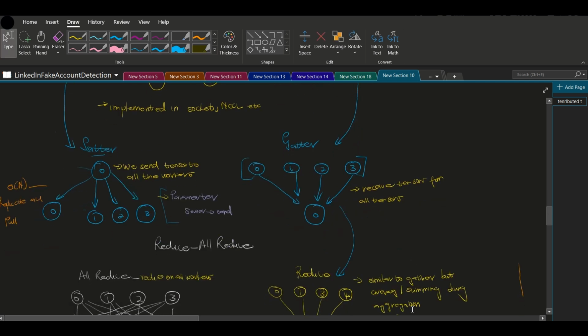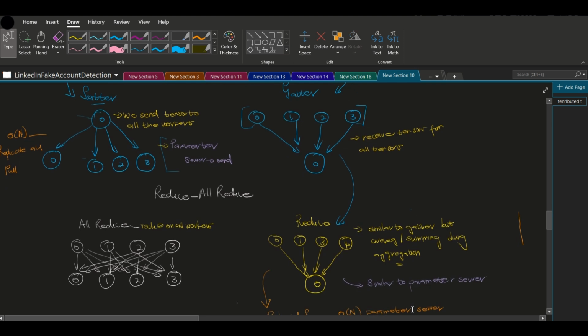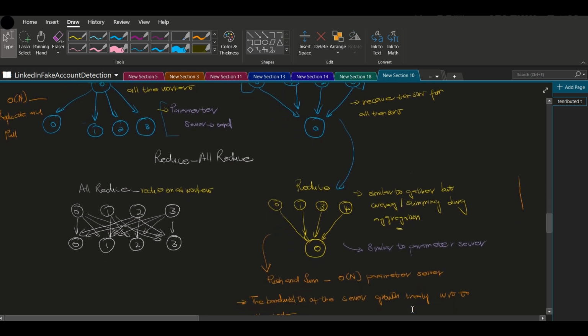Continuing on, we have reduce and all reduce techniques. All reduce tries to have each node send all its gradients to all the nodes.